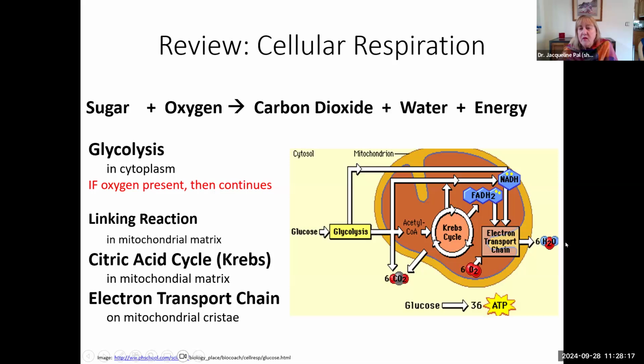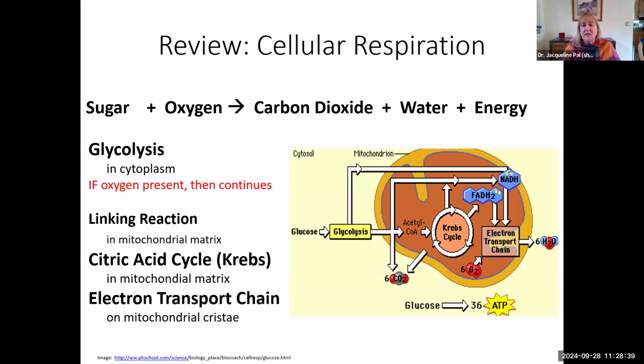And we have a waste product of water. But the net result at the end of cellular respiration is, in a perfect world, we would end up with 36 ATPs.